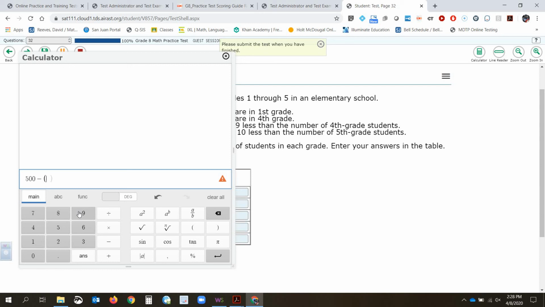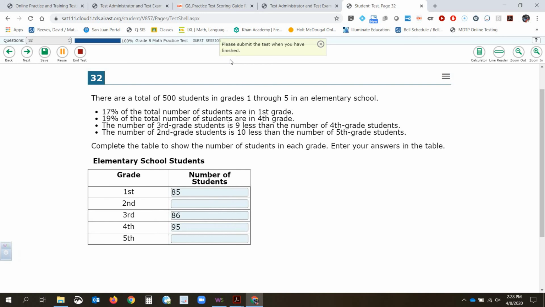And what were my classes again? 85 plus 86 plus 95. I sure hope I'm remembering that correctly, right? Those were 10 apart, and that was one more than that one. And that tells me that there are 234 students that are left in those 2 grades.